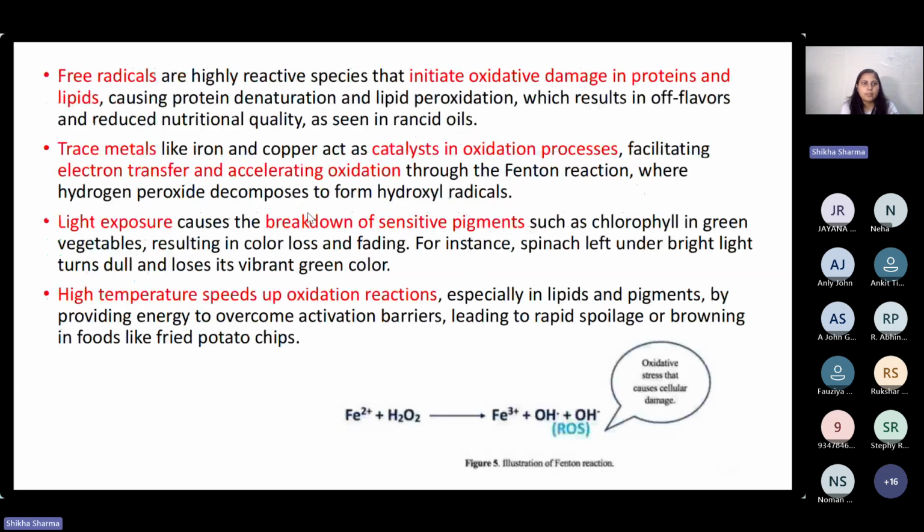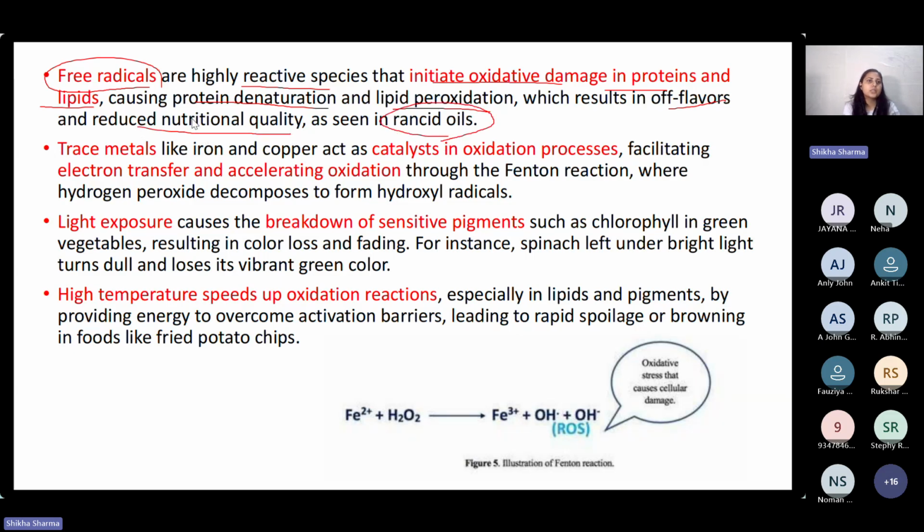So let's understand the mechanism of all these oxidative agents. Free radicals are highly reactive species. They initiate oxidative reactions and oxidative damage in proteins and lipids, and it can cause protein denaturation and lipid peroxidation. It results in off flavors and reduced nutritional quality, as we can see in rancid oils.